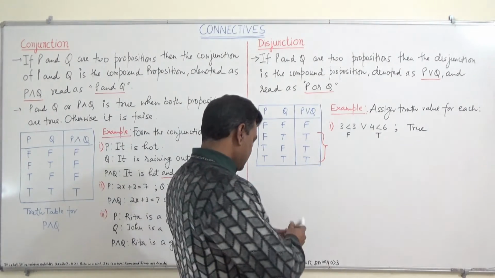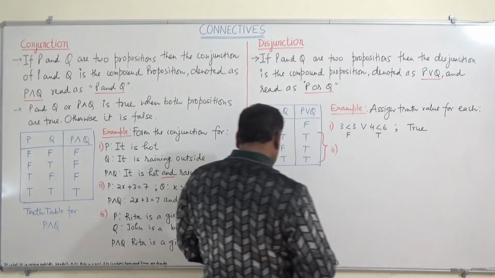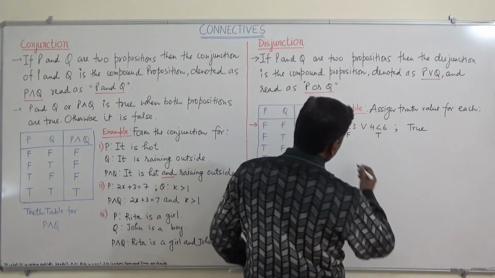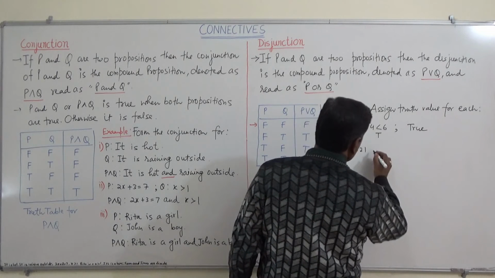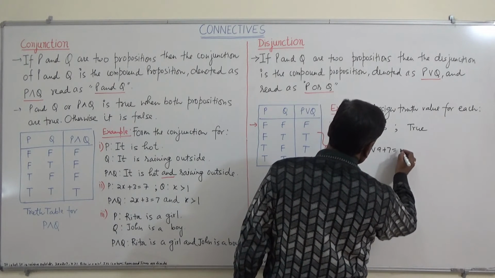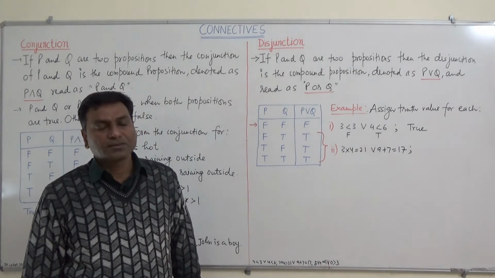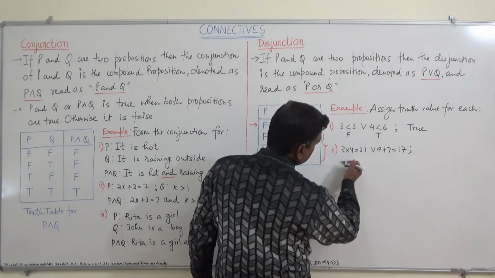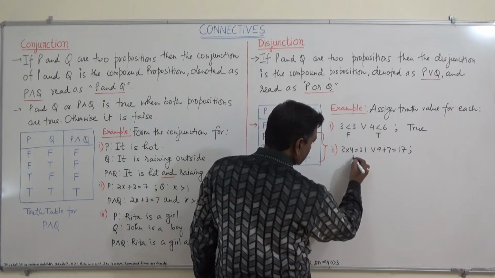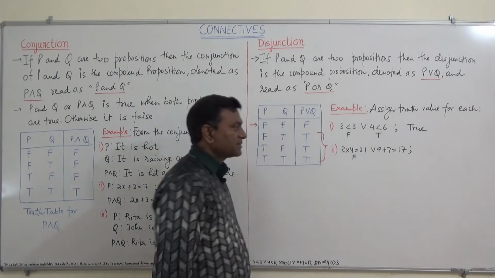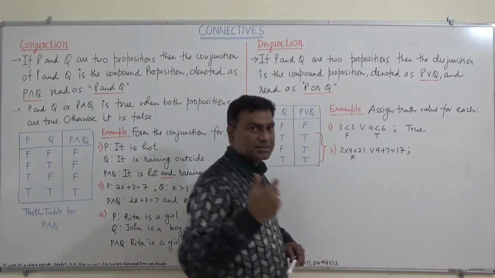And the second example is: 3 times 4 equals 21, or 9 plus 7 is 17. The first proposition is false because 3 times 4 should be 12, but it is 21. And 9 plus 7 should be 16, but it is 17.